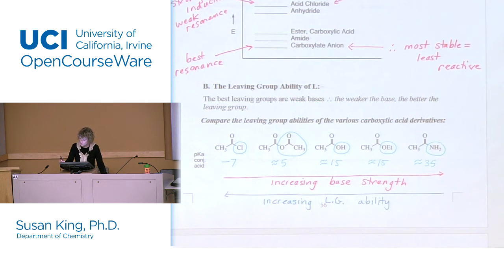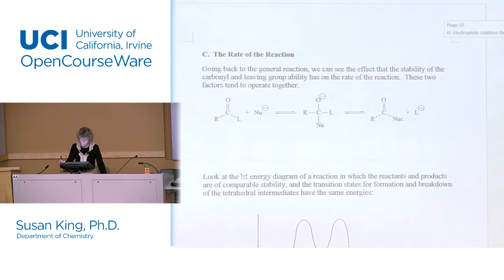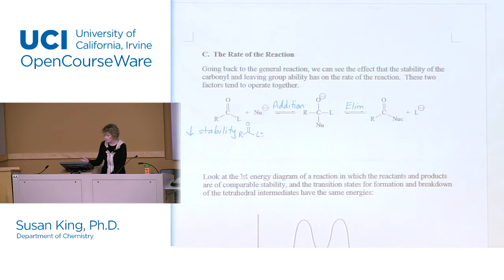All right, so let's go back to the rate of the reaction. So the first step is addition. Second step is elimination. If we decrease the stability of the carbonyl, so as that type 2 carbonyl becomes less stable, you're going to increase the addition rate, right?